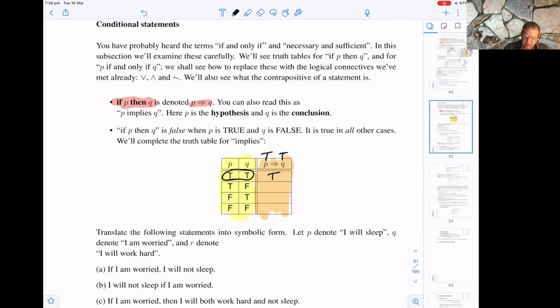So if I put T implies false. No, because my statement is if P then Q, then if I have a true, you can't have a false.